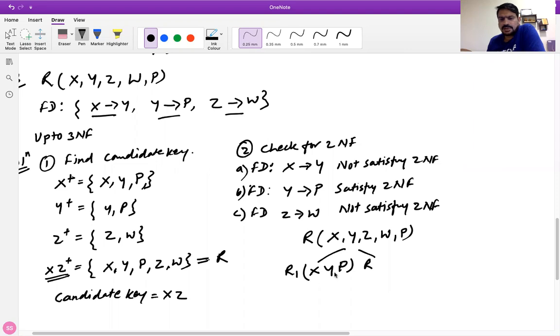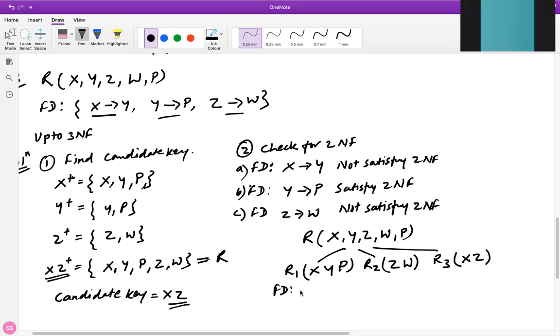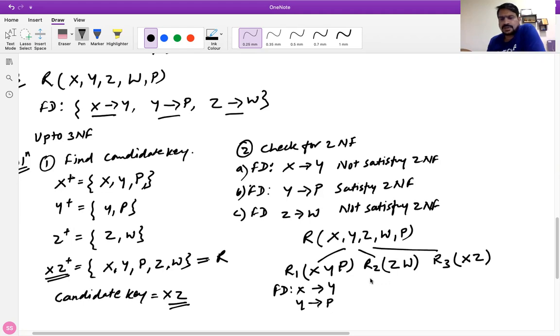So we can put that in a separate table. In R2, we have ZW. And we have R3 for the key, right? For this, the functional dependencies are X determine Y, Y determine P. For this, the functional dependency is Z determine W, and this is the candidate key.